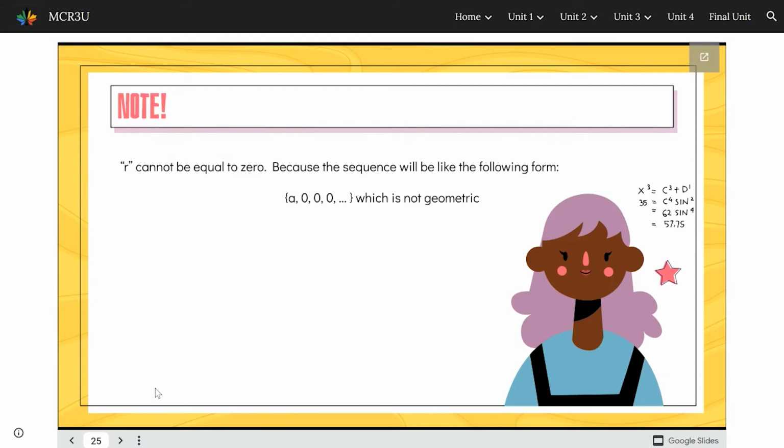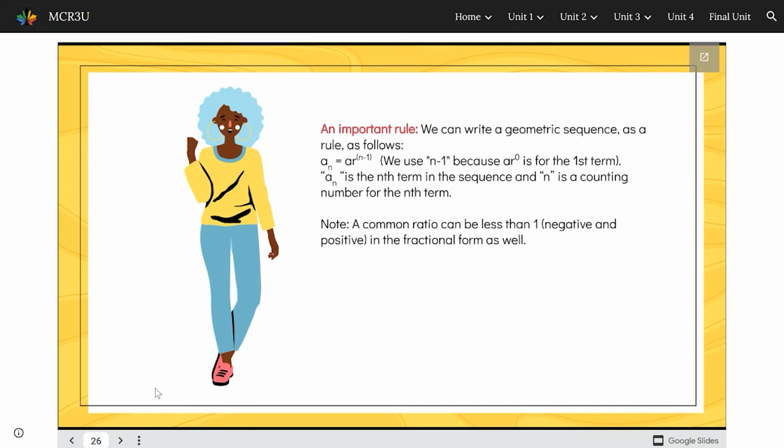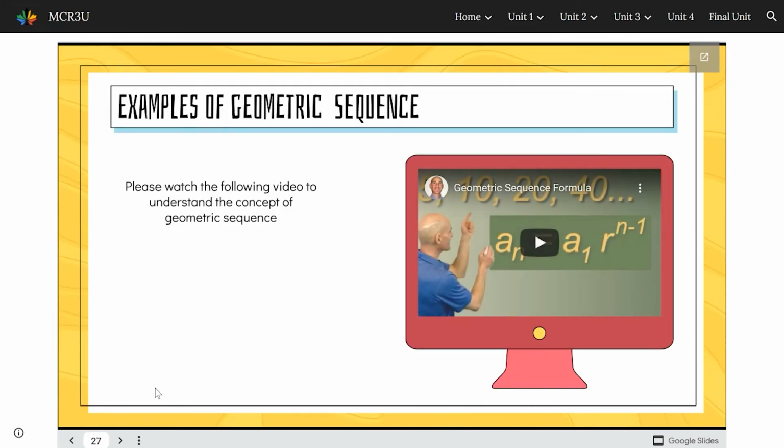Note: r cannot be equal to 0, because the sequence would be of the following form. Next, it's important that we can write the geometric sequence as a rule as the following. And the note says the common ratio can be less than 1, negative or positive, and in fraction form as well. Here is the formula and the video I mentioned.